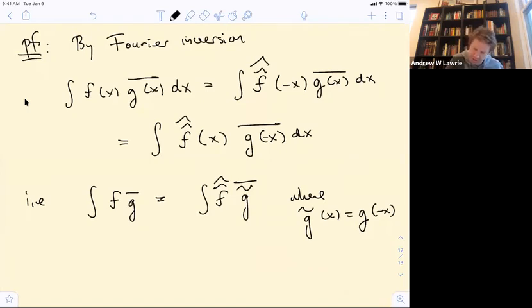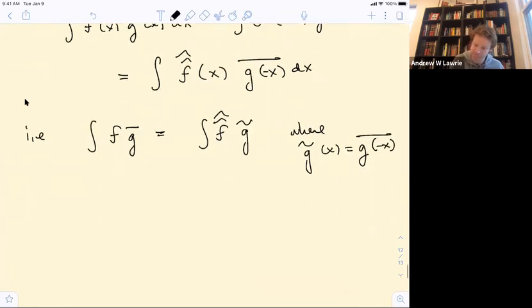Let me just call this G. Let me just change my notation. Let me remove the bar from there and put a bar here. Sorry if this is confusing. This is just a bunch of trickery.